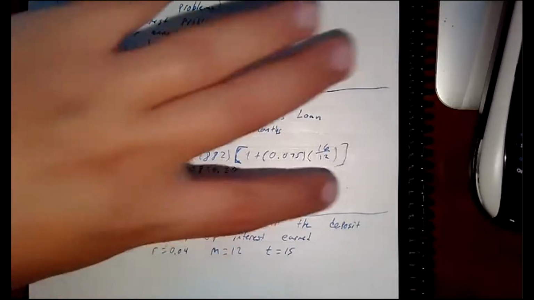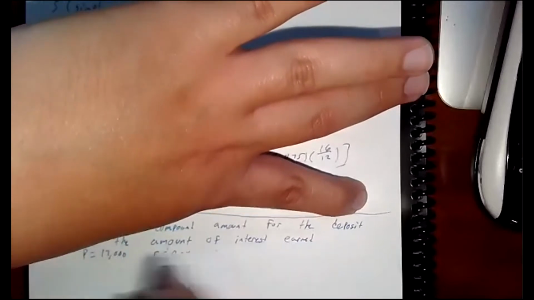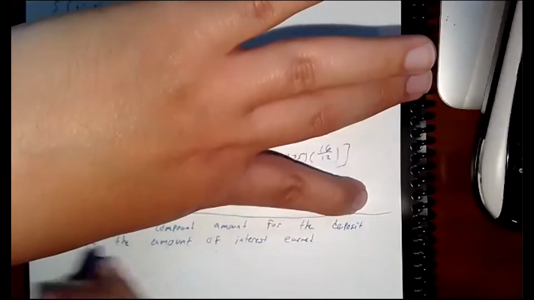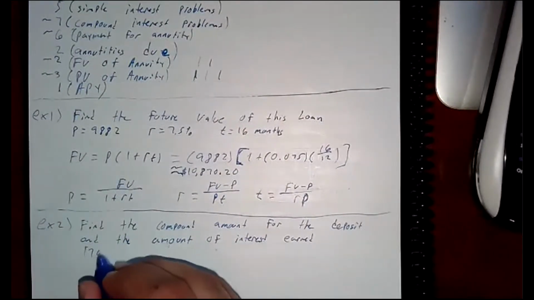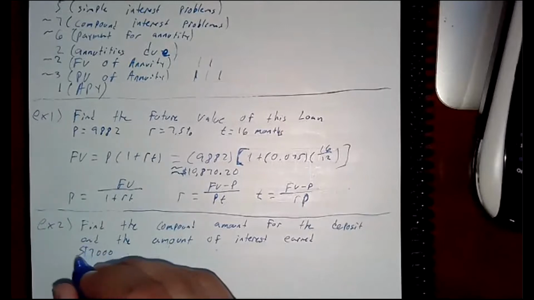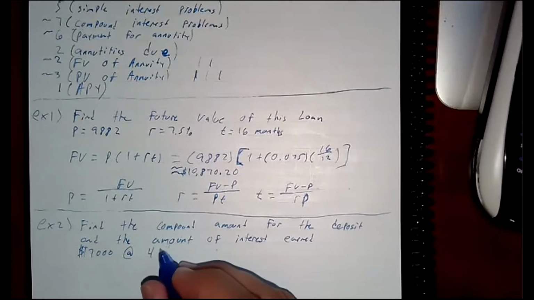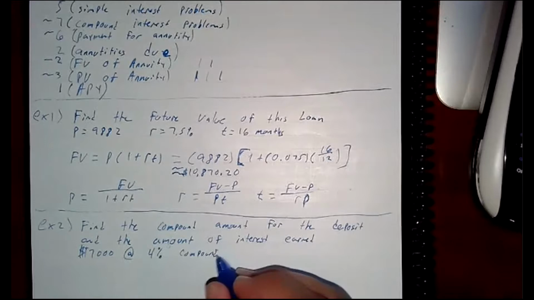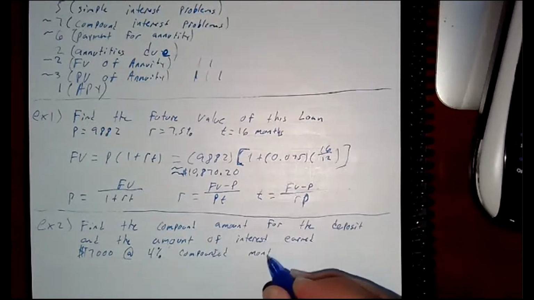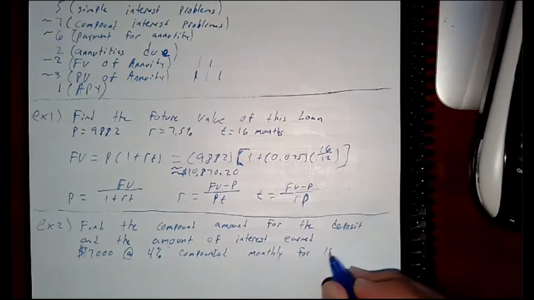Here, let me write the extra part of the question. That way you can see later. They said 17,000 at 4% compounded monthly for 15 years.